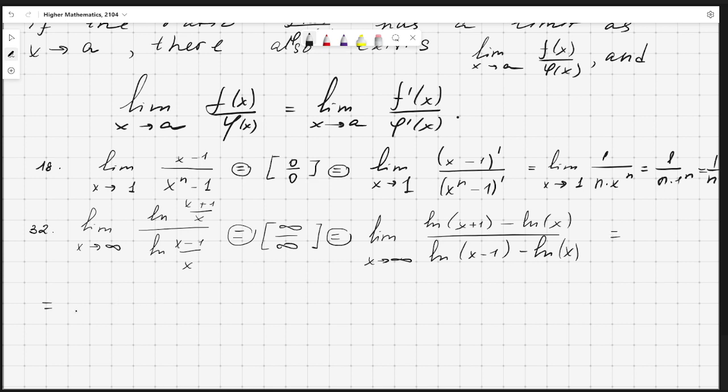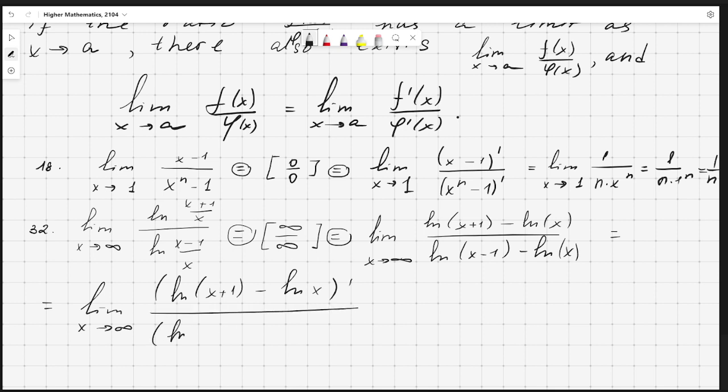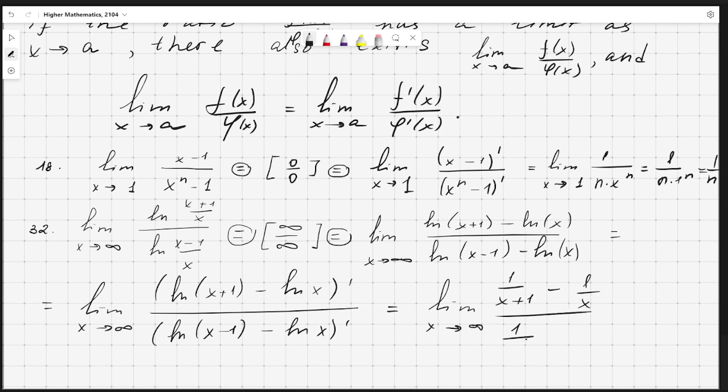Find the derivative. Prime. We will have limit as x approaches infinity 1 over x plus 1 minus 1 over x, over 1 over x minus 1 minus 1 over x.